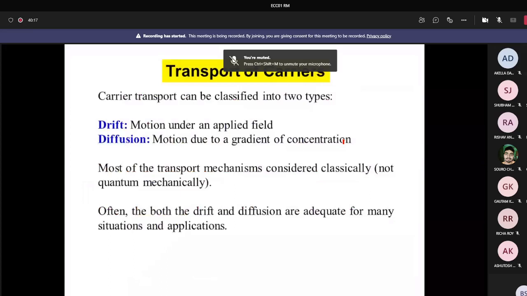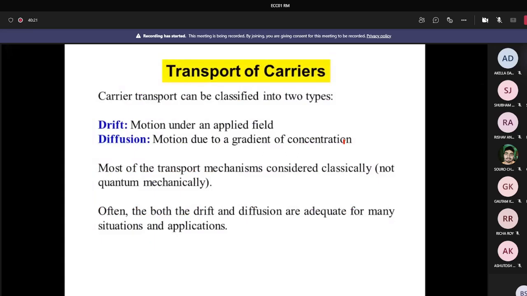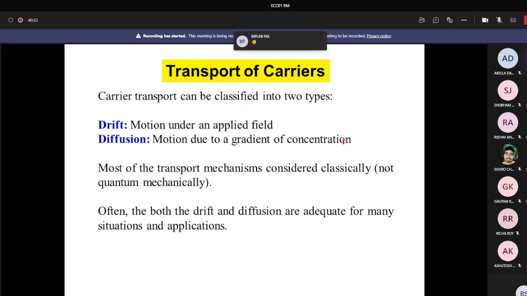Okay, so next, so far we have the knowledge of the different types and the carrier concentration, because for any device analysis you need to know the carrier concentration. That we have already discussed.